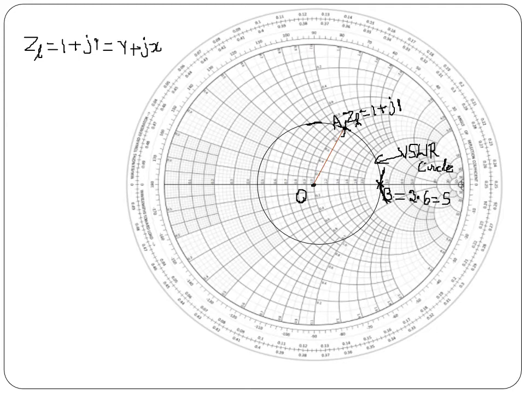Now the line OA extends to OA dash and intersects the distance circle. From this point, that is from the load end, I have to travel towards the generator to read the first Vmax and the first Vminimum.